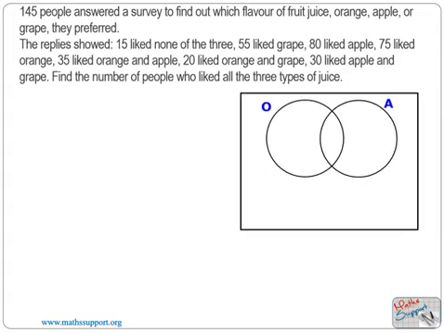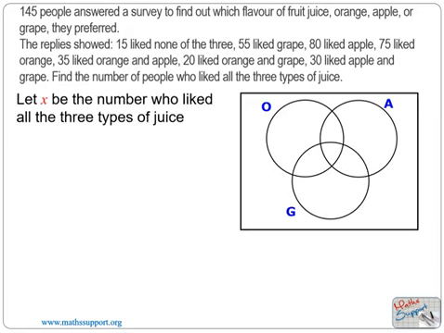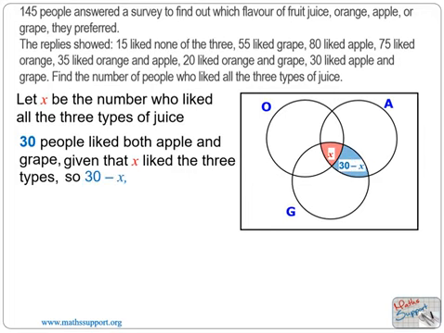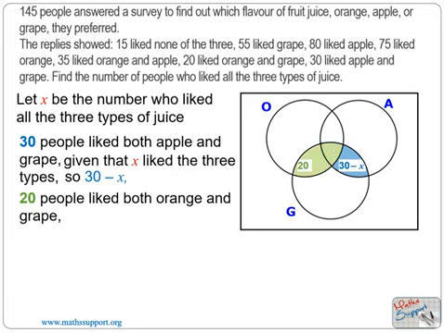So we draw a diagram for orange, apple, and grape, and we fill in. X will be the number who like all three types of juice. 30 people like both apple and grape, so then 30 minus X. We note that 20 like both orange and grape.